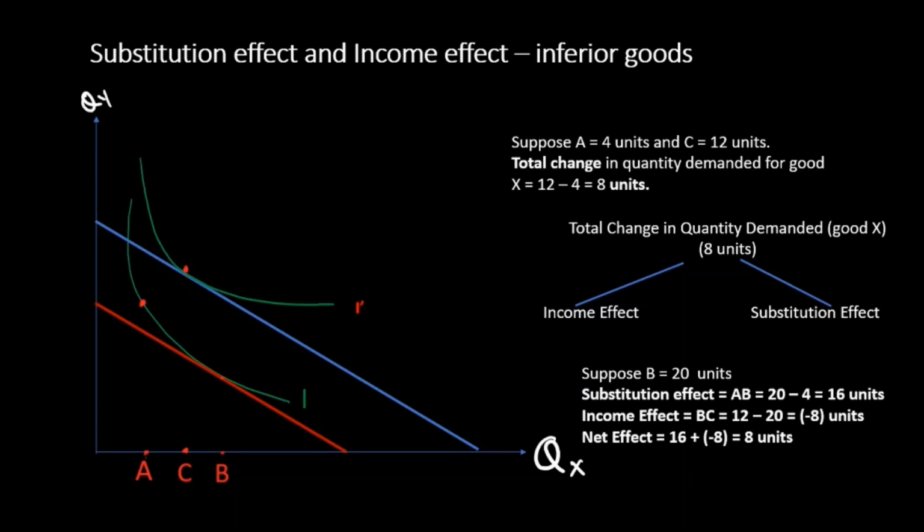My substitution effect is AB, because A and B both lie on the same indifference curve. So my substitution effect is 20 minus 4, which is 16 units.